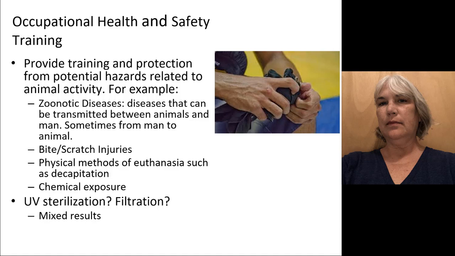Train your workers on the protocols and the proper protective gear. And there have been mixed results with using UV sterilization or filtration to alleviate some of the zoonotic pathogens. It's really dependent on the levels of UV as well as the flow rate.